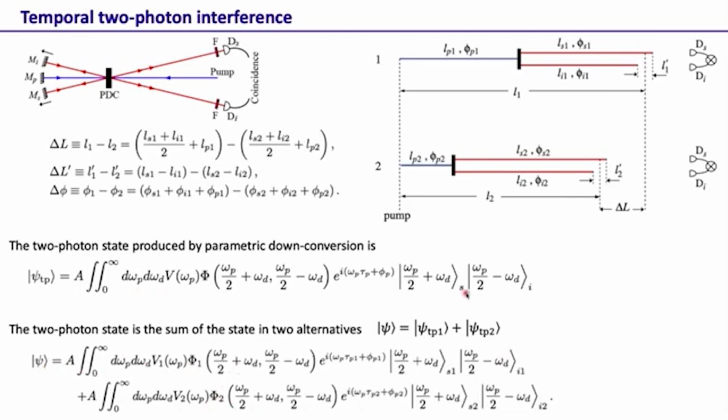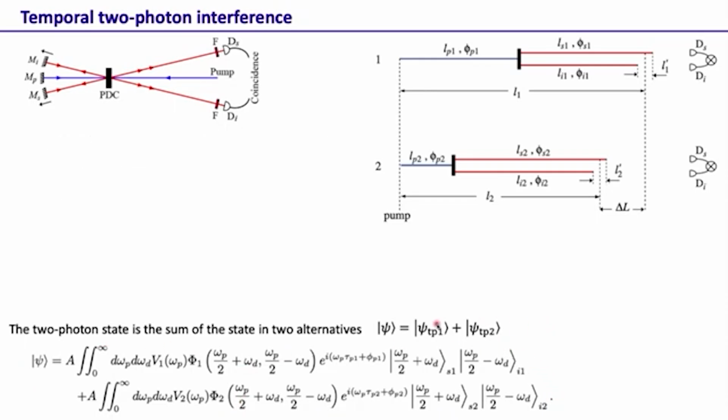This is exactly the same state, except that we are adding these two, and then we are representing everything here by the index 1 to say that this is alternative 1, and this one by index 2 to say that this is from alternative 2. And the total two-photon state is the sum of the states produced in these two alternatives. So that's the two-photon state that is produced by parametric down conversion.